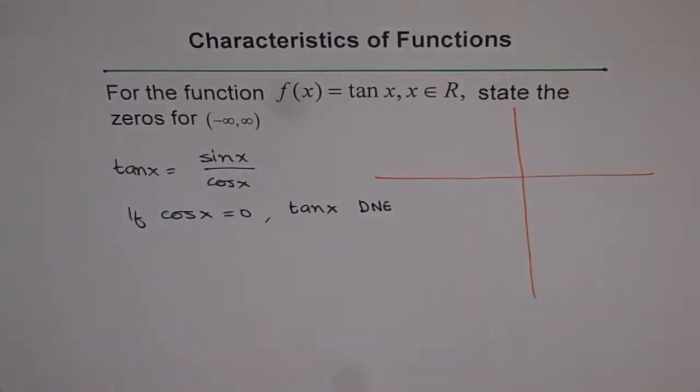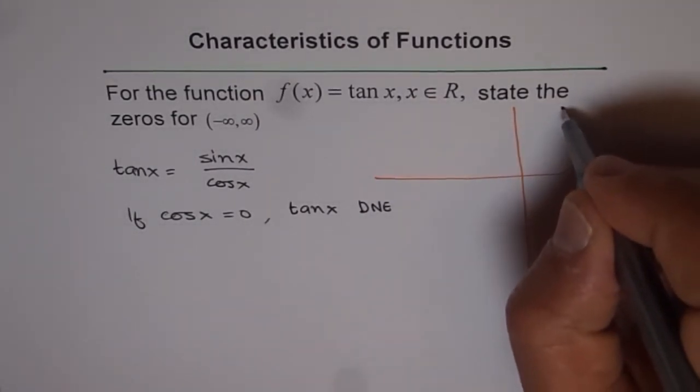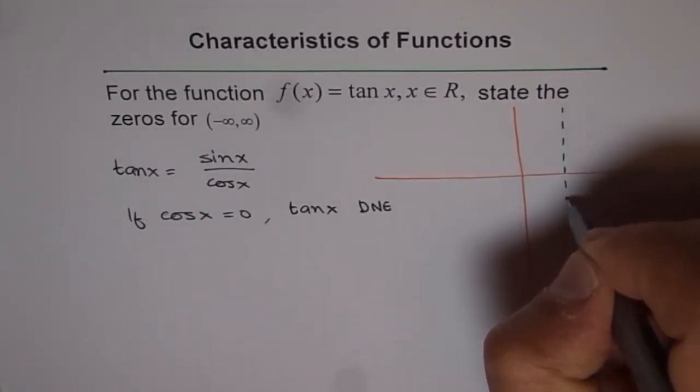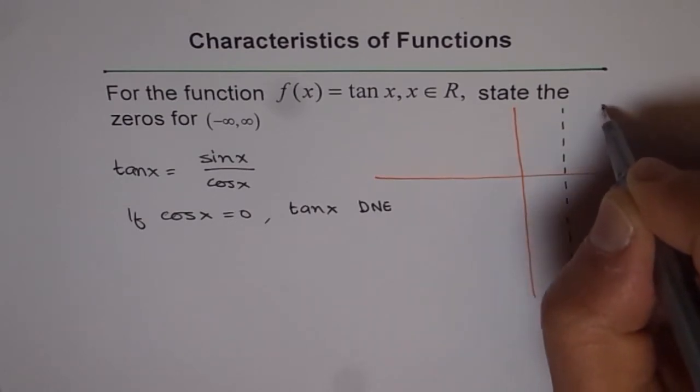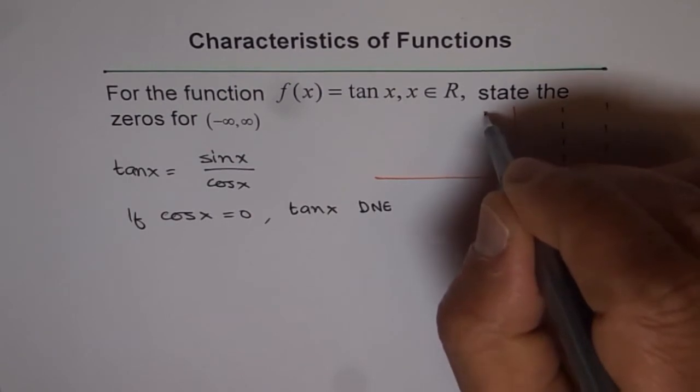So where is cos x 0? Cos x is 0 at pi by 2, 3 pi by 2, right? All those values. So basically at those values, we'll have vertical asymptotes. So let me draw these vertical asymptotes. These are the points where cos x is 0. Also minus pi by 2, correct?